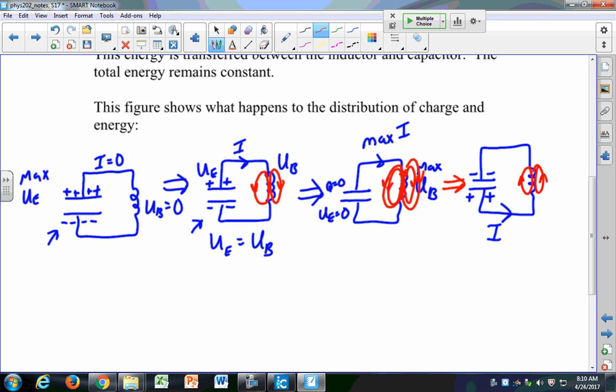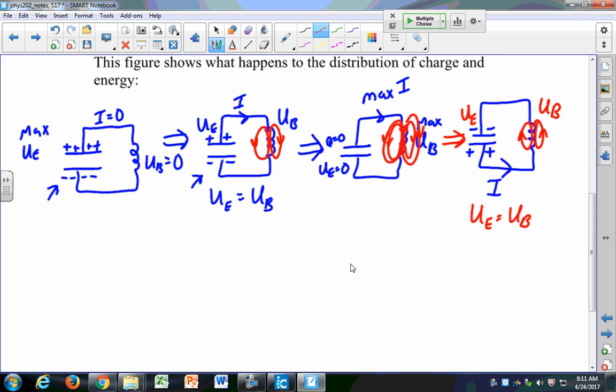It's going to be opposite the direction that it was before. I'll have an electric field energy, and I'll have a magnetic field energy, and that UE will equal UB. And then I'll come back to this stage where I have maximum electric field energy and no magnetic field energy.